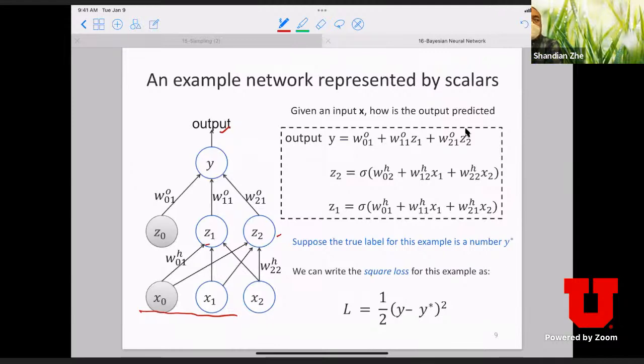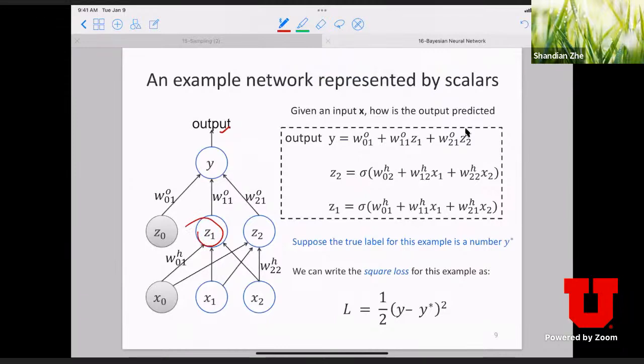The computation is to first perform a linear combination of the values of the nodes connected to the neuron, and then perform a nonlinear activation. For example, here, to get the prediction, we're going to first compute z1.